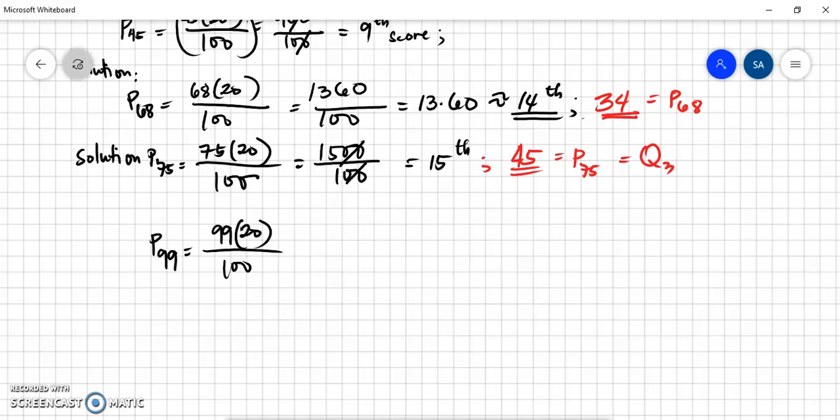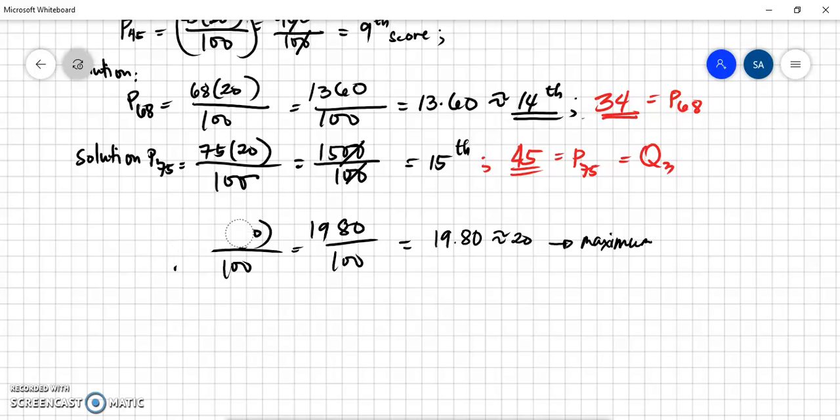So, 99 times 20, we have 1,980 over 100. So, that is 19.8, approximately 20th score. So, kung ano yung pinakamataas, ito yung ating maximum. Kasi nga 20 yung score natin. So, ganun lang for percentile.